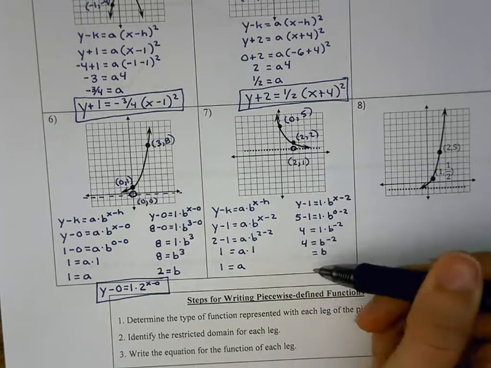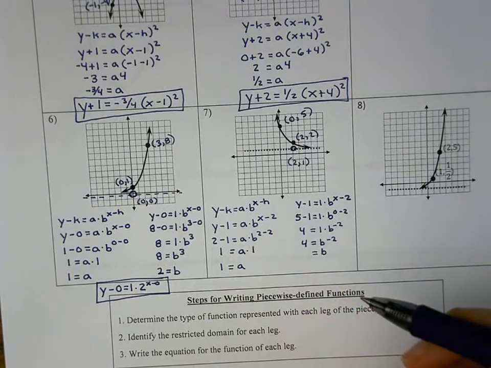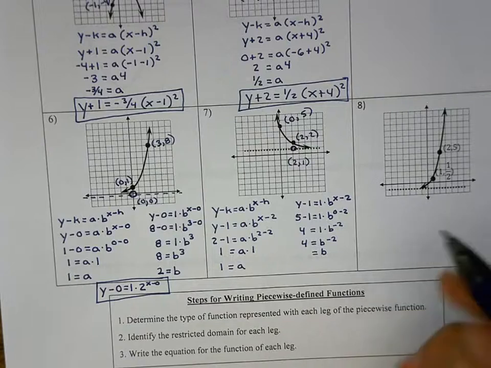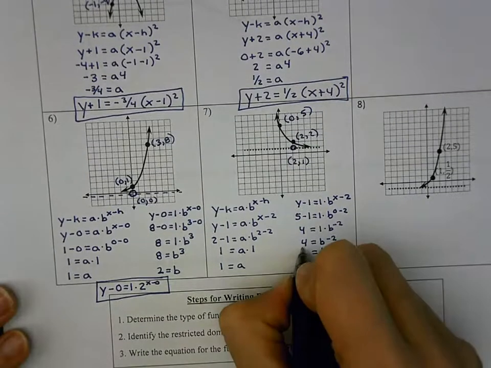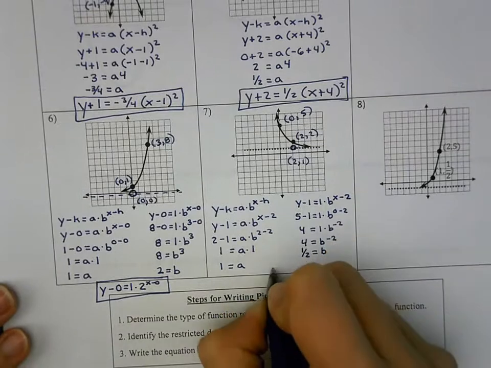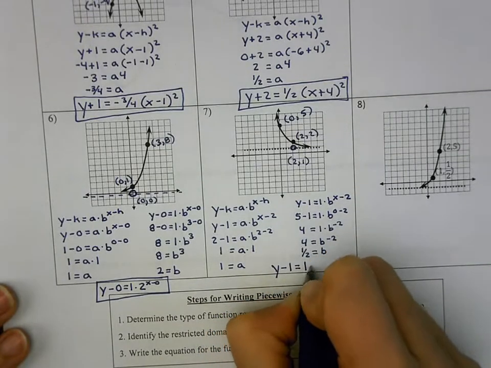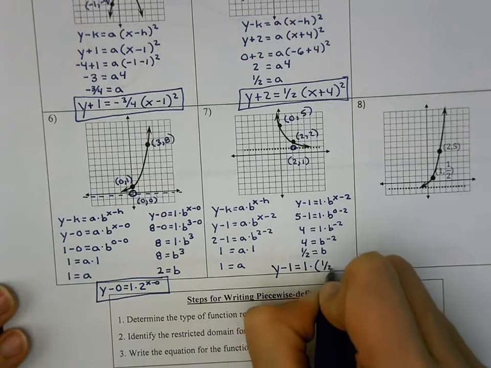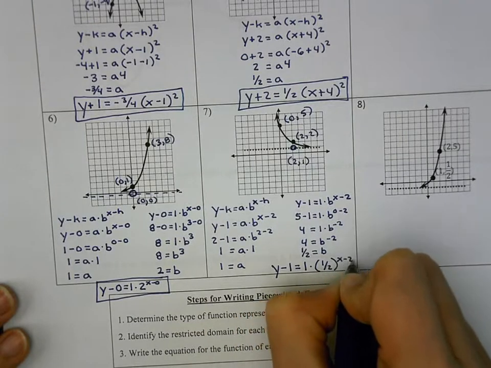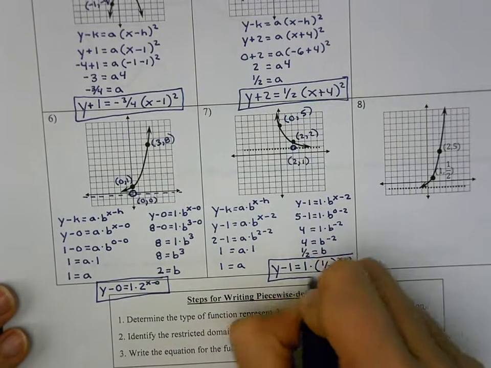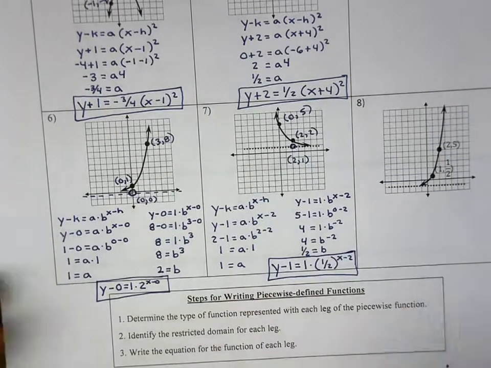What do you think then that b to the negative squared would be? Well, it would flip that 2 and become 1/2. So you have your equation, y minus 1 equals my a times my b to the x minus 2. Okay?